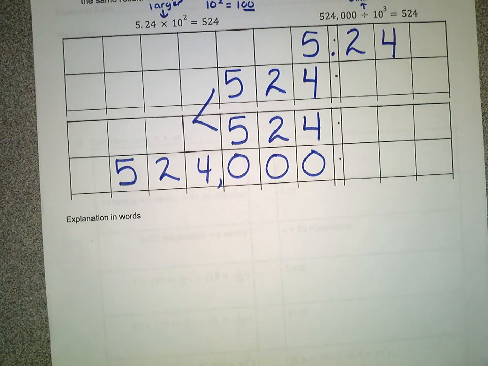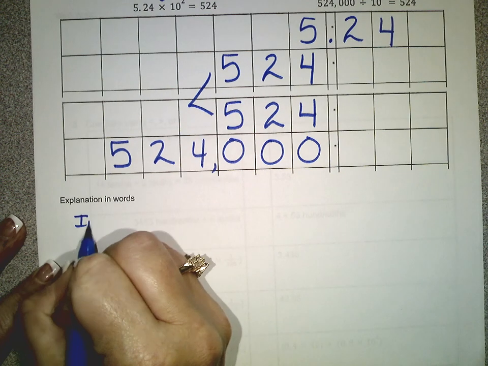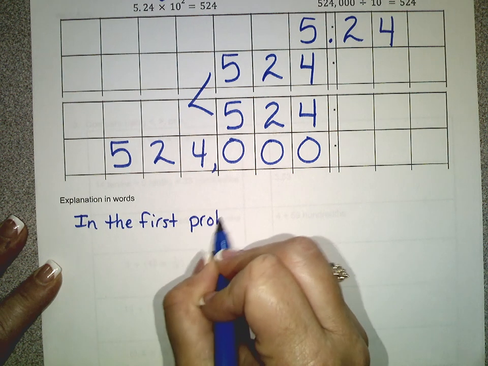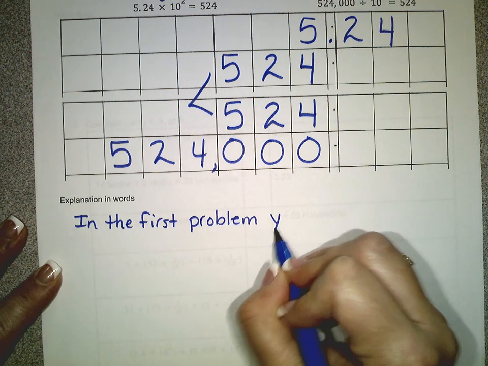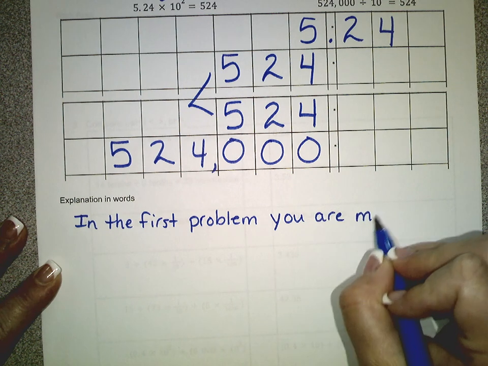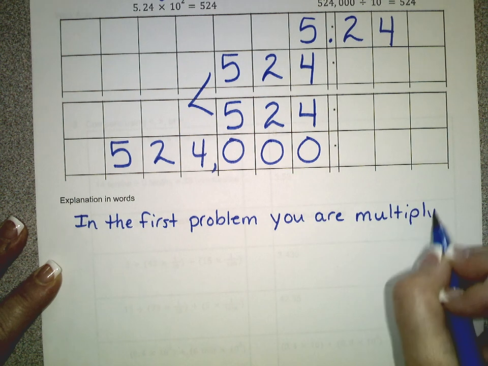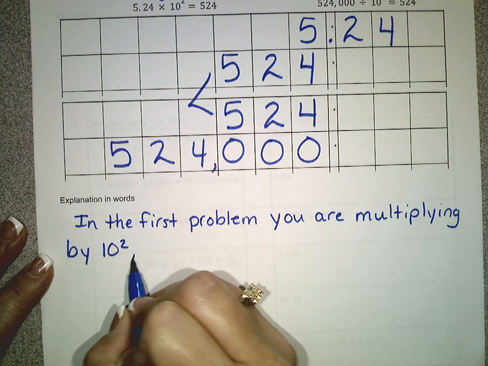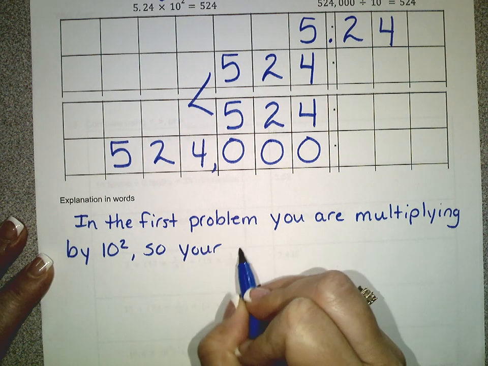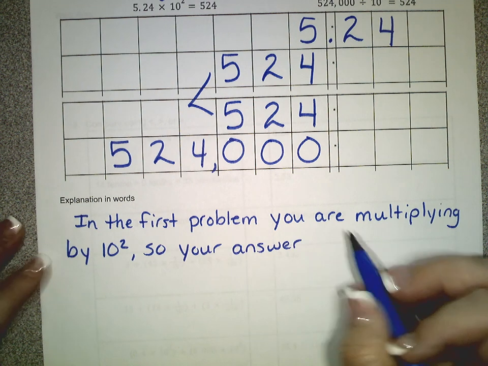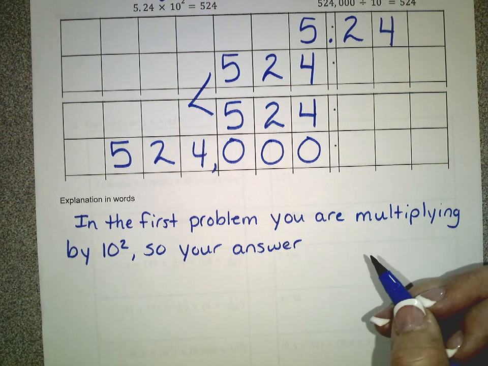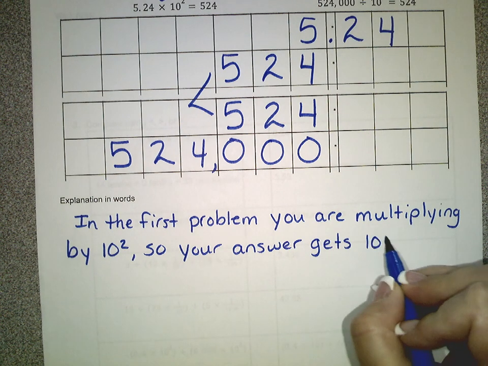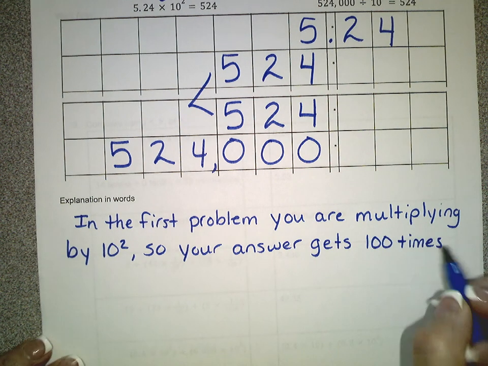So I kind of explained why as we were doing it. So in the first problem, you are multiplying by 10 to the second. So your answer is 100 times larger.